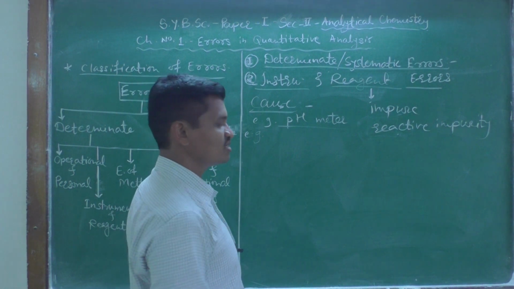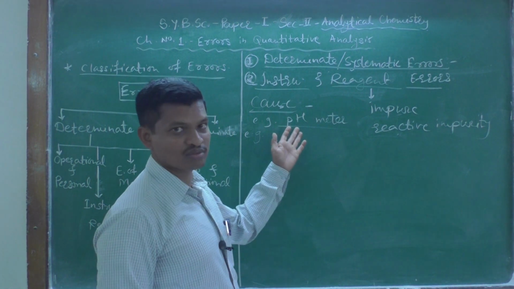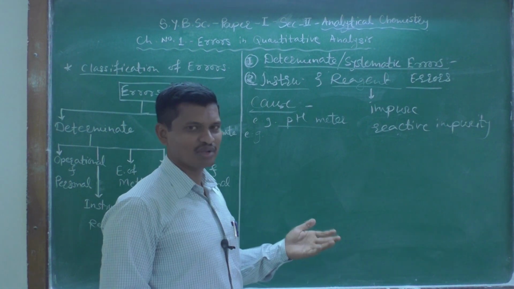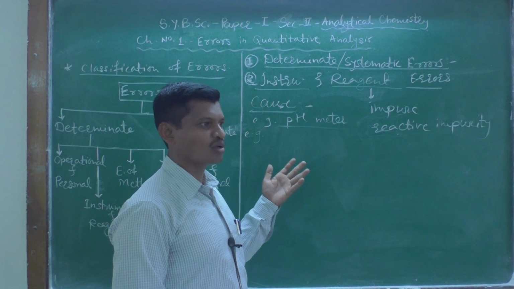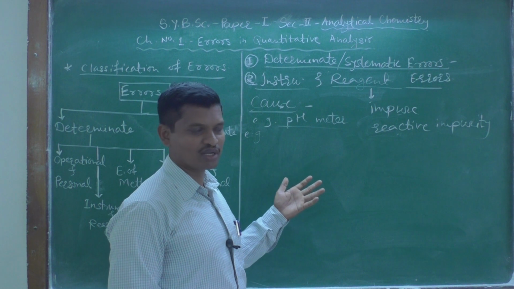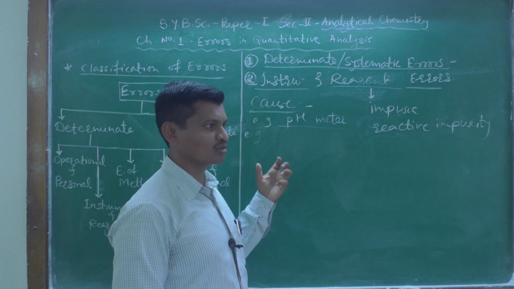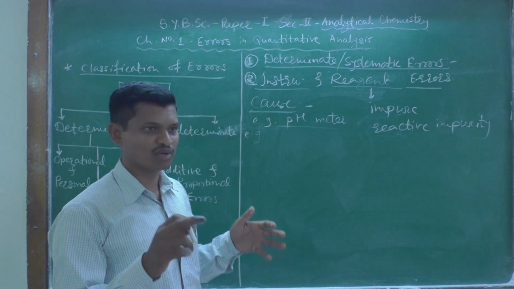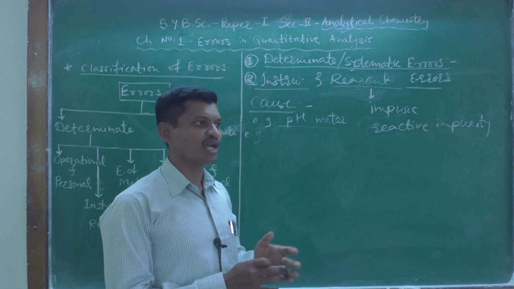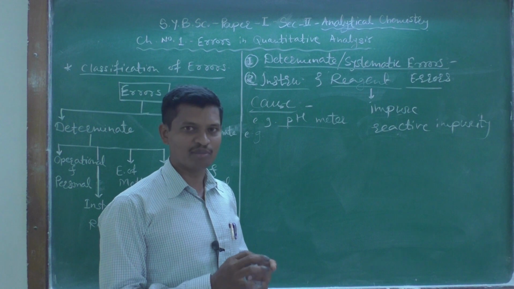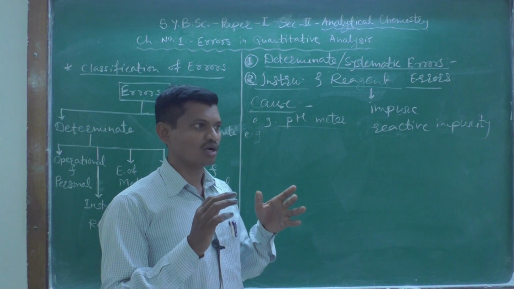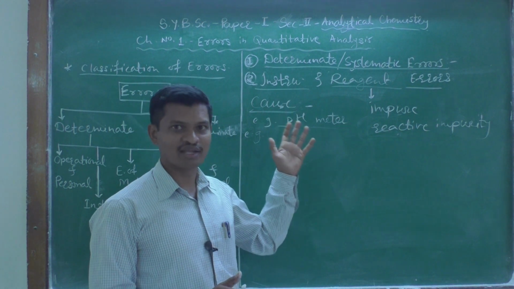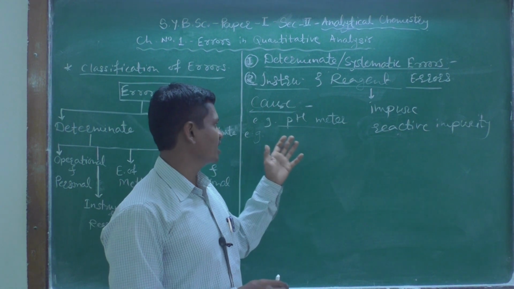What are the examples? Again, I have told you, a pH meter, or let us say any conductivity meter, or spectrophotometer, or potentiometer, any instrument that we are using for that particular analysis, if they are faulty, if they are not calibrated properly, if they are not functioning well, then an error may occur.